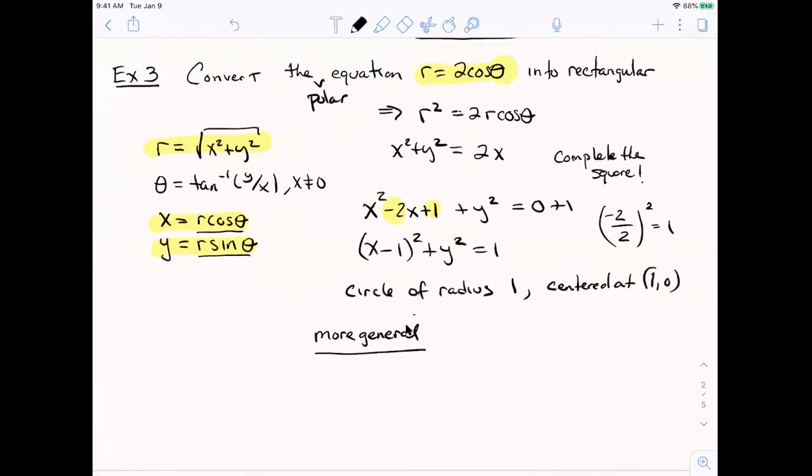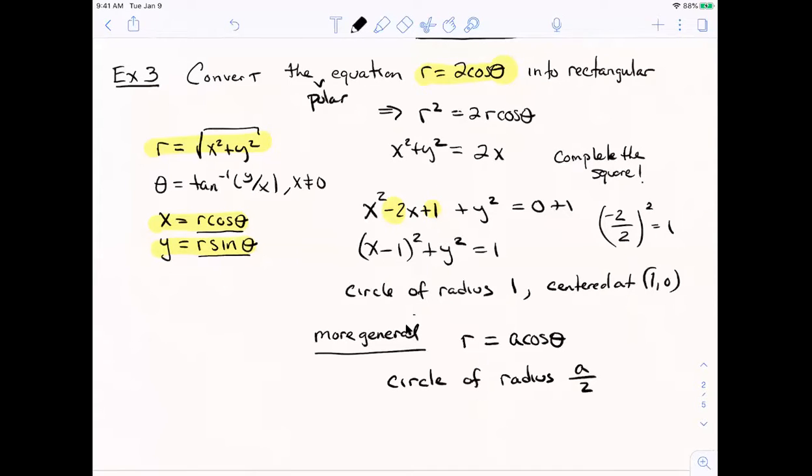More generally, if you take an equation that looks like r is equal to a times the cosine of theta, and you want to convert that to rectangular coordinates, you'd have to go through a similar process, and you would complete the square, and you would see that it graphs a circle of radius a over 2.